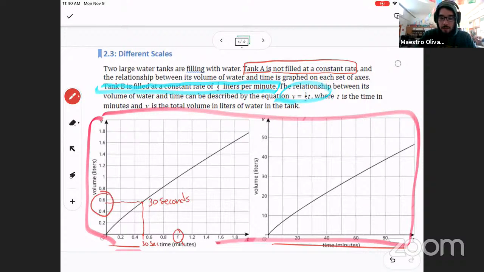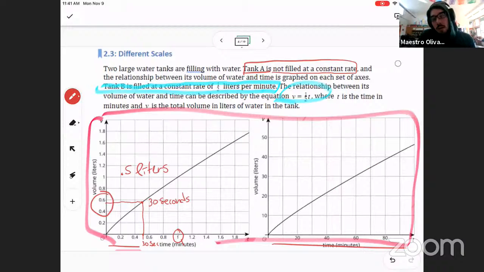Ooh, 0.7? It's below, right? This is below 0.6. And for those of you saying 0.5, I think it's slightly above 0.5. So let's just say it's 0.5 liters, okay? After 30 seconds.